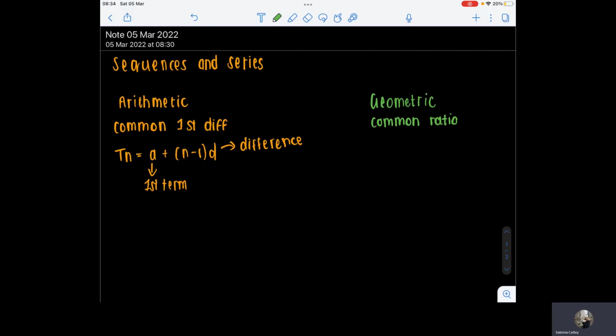So the formula for the general term is Tn equals a times r to the power of n minus 1, where r is the ratio that you work out, and a is your first term. It's really important to understand those formulas.